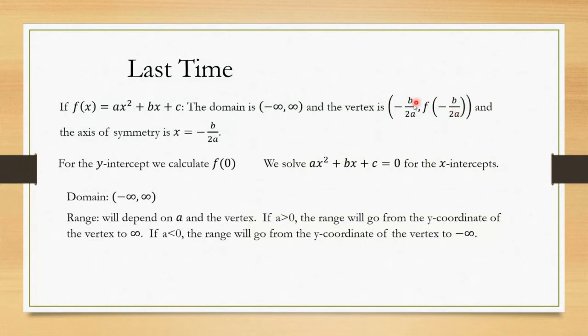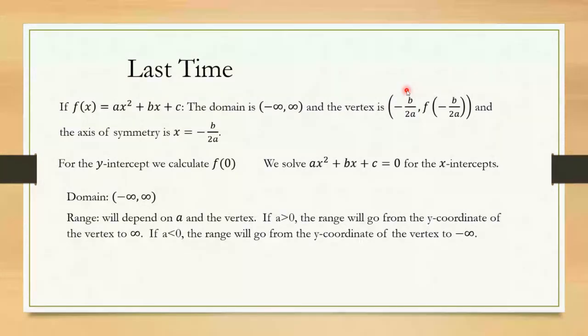And really, I'm just trying to illustrate how you get the vertex. If you have negative b over 2a, once you calculate that, you get the y-coordinate by plugging it into the function. So really, negative b over 2a is the big, important calculation, so to say.